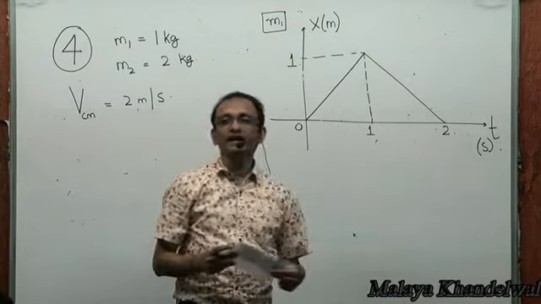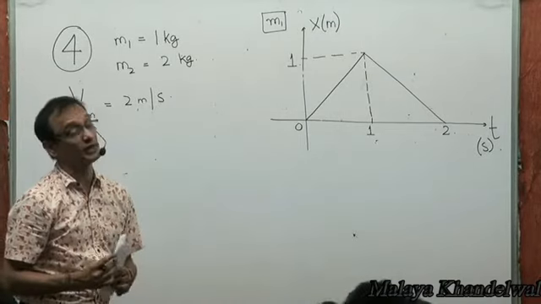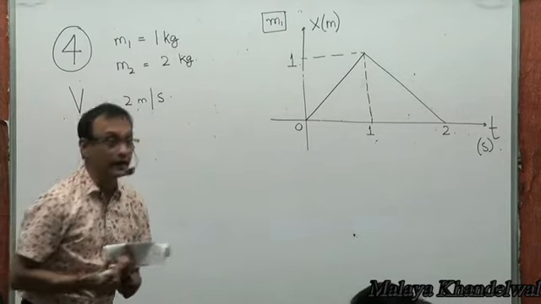We want to plot the x coordinate of m2 with time. This is the x coordinate of m1 with time. We want to be able to plot the x coordinate of m2 with time.